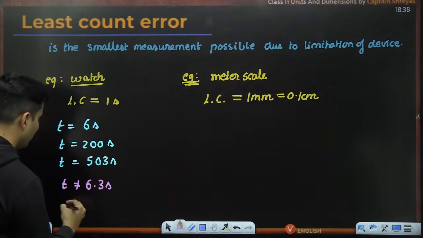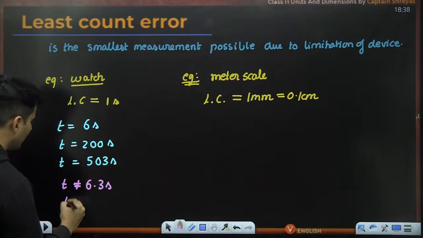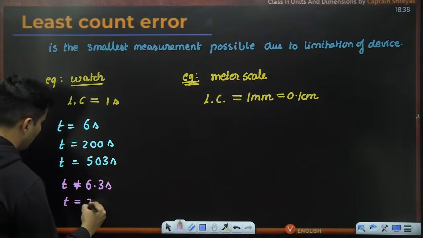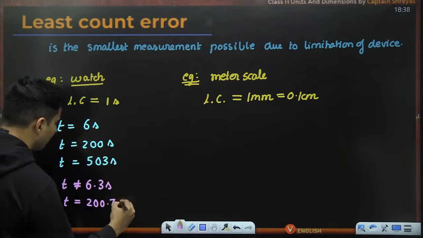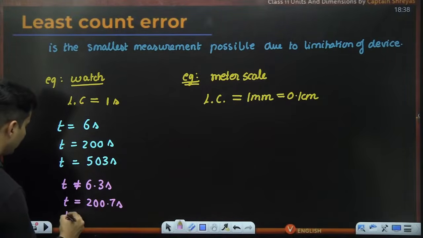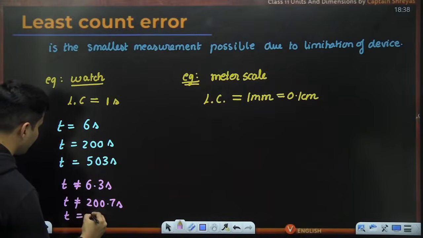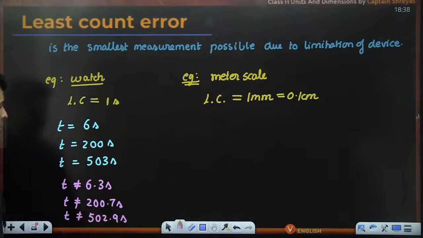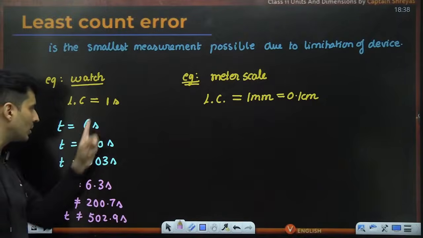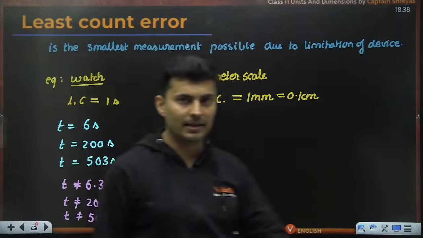This is not possible with the particular least count. You can't even say the time is 200.7 seconds. That is not allowed. Or the time is 502.9 seconds. This is also not possible with this least count. The smallest value is only 1 second.